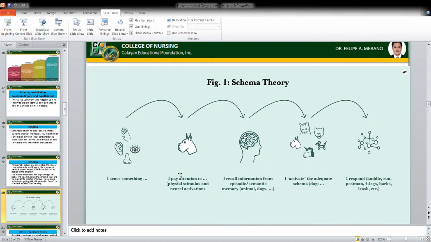Here is an example of schema theory. With your five senses, when you sense something, for example, you see a dog, and you know a dog can bite. If you run, that is recorded in your mind, that the dog will run to you.